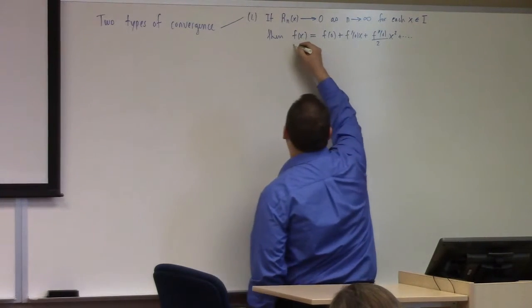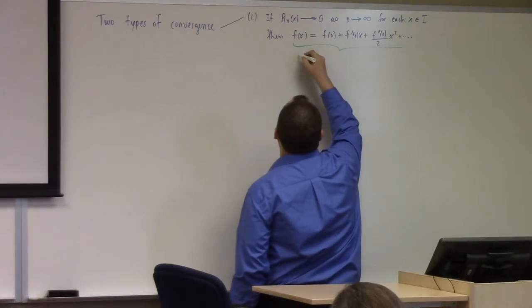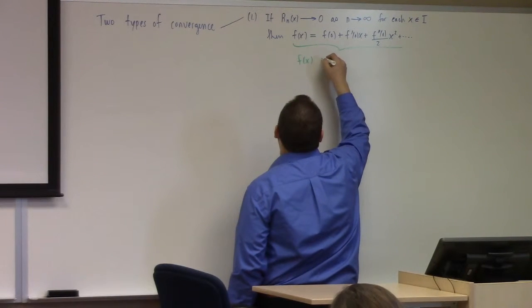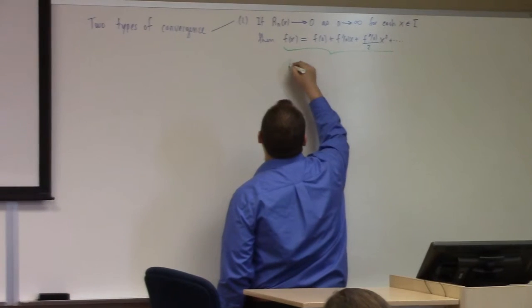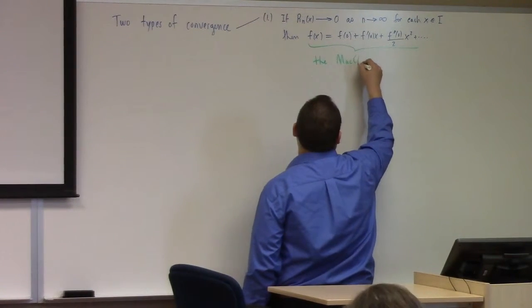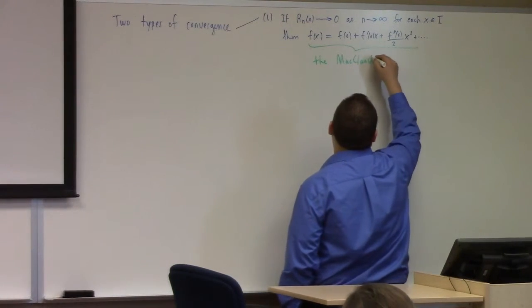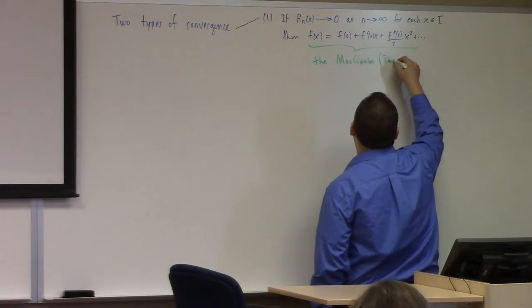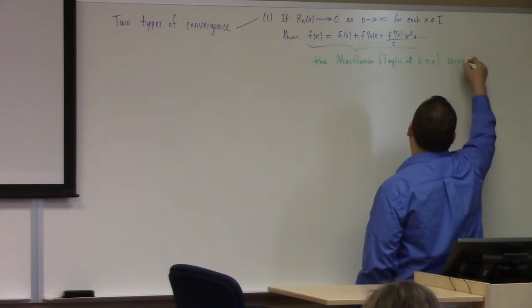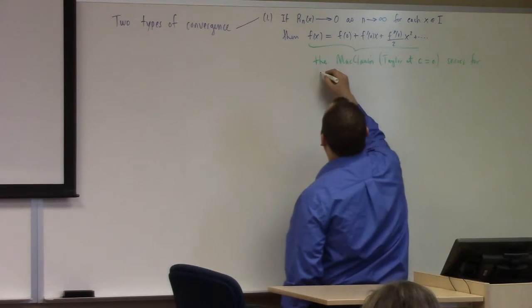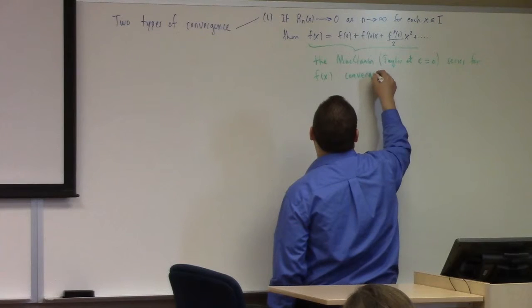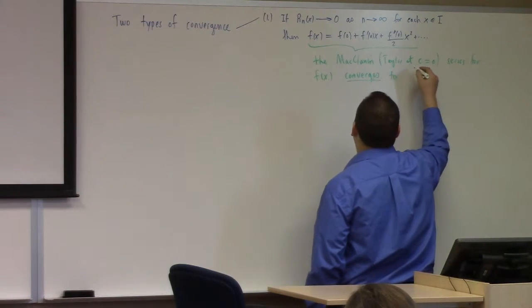So what this is saying, in other words, is that the Maclaurin series, if you like, since we're at 0, for f of x converges to f of x.